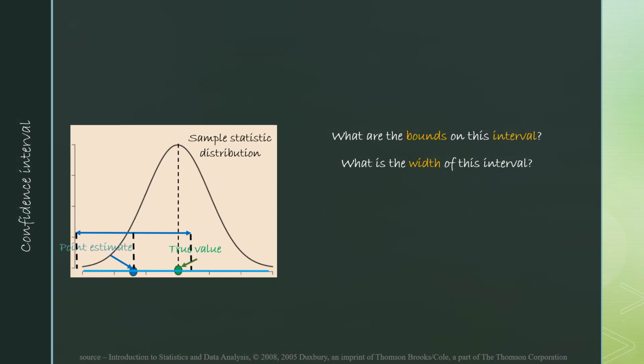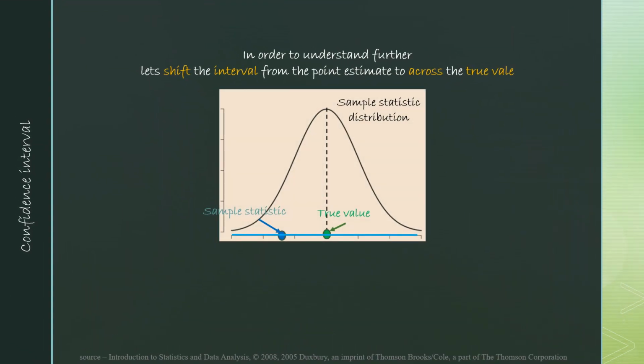What are the bounds on this interval? In other words, what is the width of this interval? What does the width signify, or what does this interval exactly convey? In order to understand further, let's shift the interval from the point estimate to across the true value. In practice, three interval sizes are used.